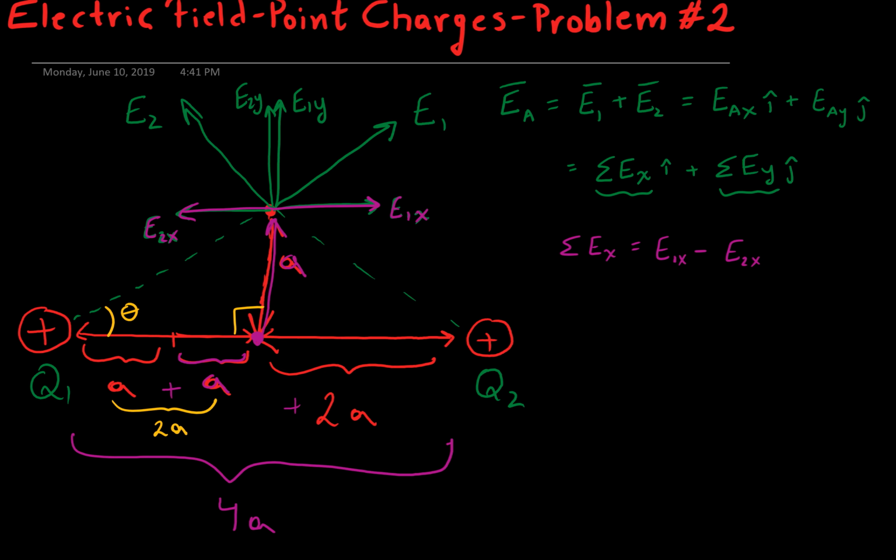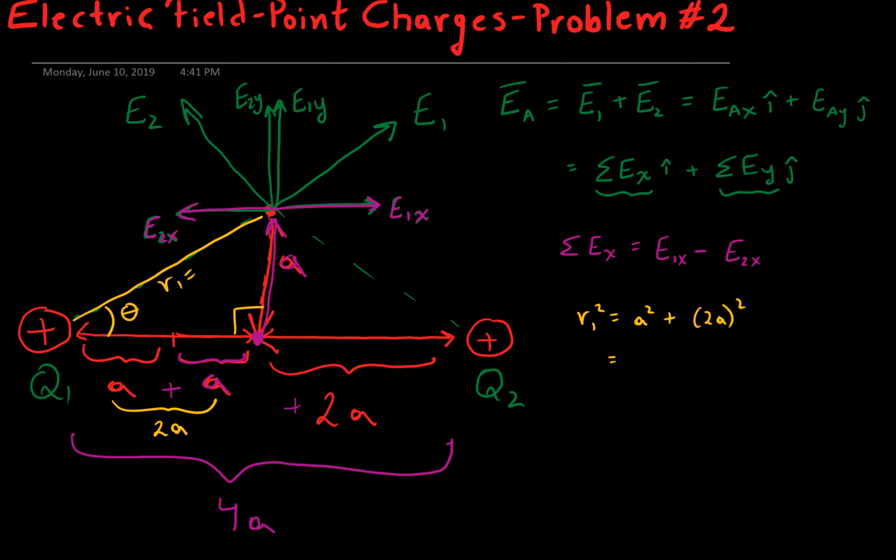And then if this is a right triangle, we see the magnitude of the electric field due to charge 1 at point A will be defined by this distance r1. Let's do the Pythagorean theorem to figure this out. We see that r1 squared must equal a squared plus 2a squared.